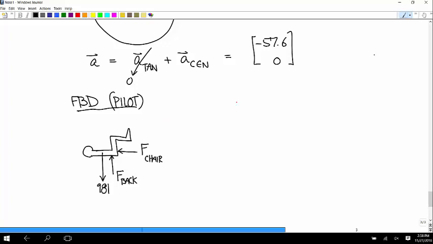Okay, and now Newton's second law. Our coordinate system is this. So the weight force is 0, negative 981. The force on the back, that's in the positive y direction. So 0, F back.